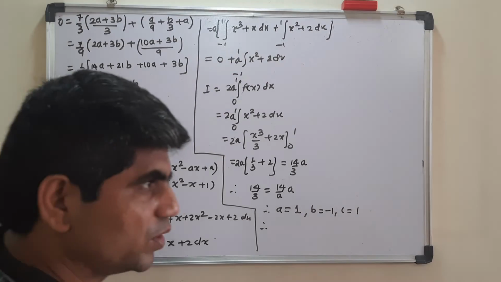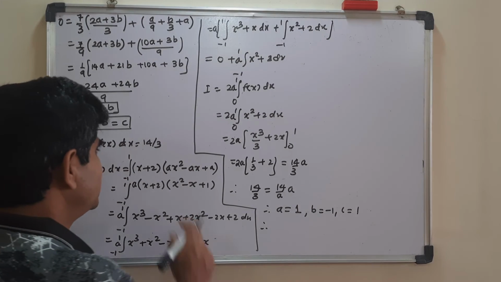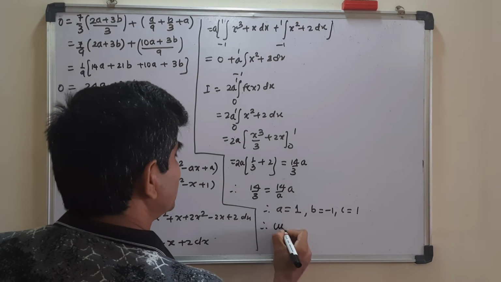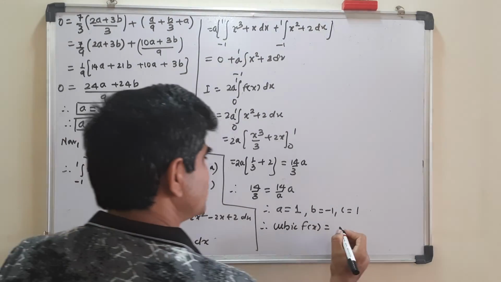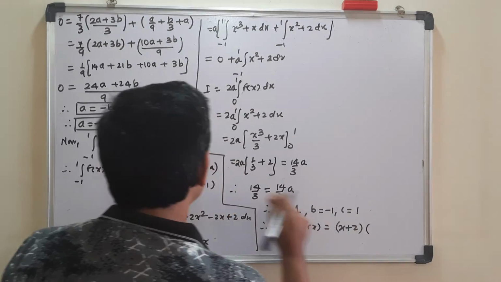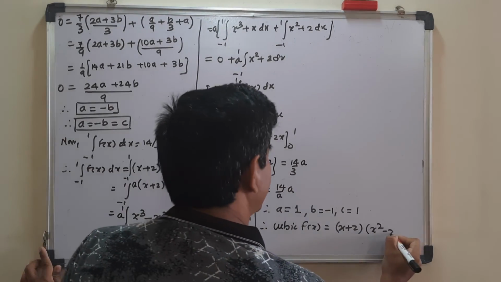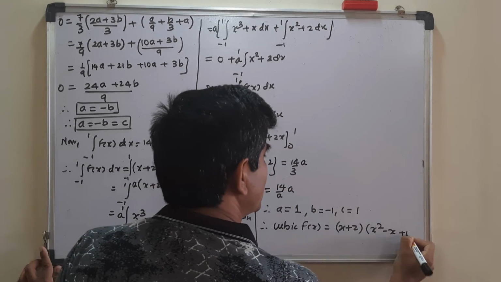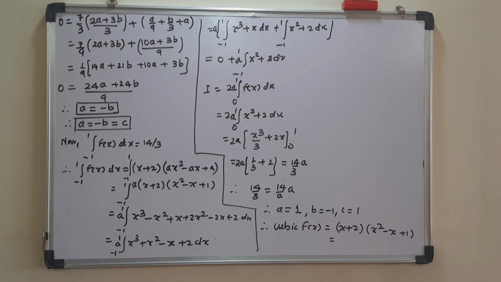So it was, I think so, x plus 2 into ax square plus bx plus c, correct? So here, this is your cubic equation. Your cubic function of x will become your x plus 2 into bracket, so called as ax square, that is your x square minus x plus 1. So if you get the product of this, you will get the required cubic equation.